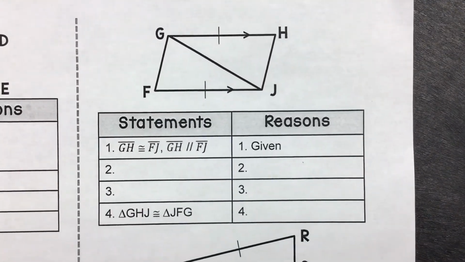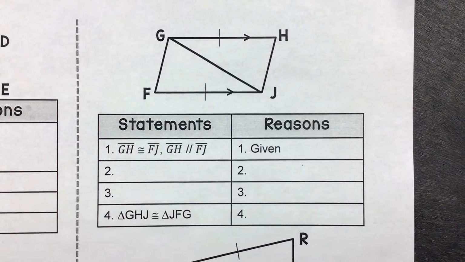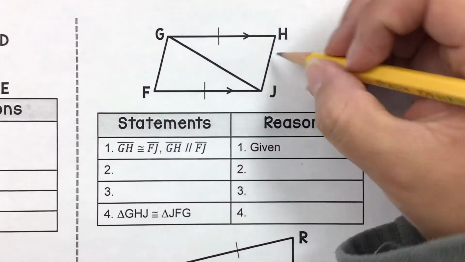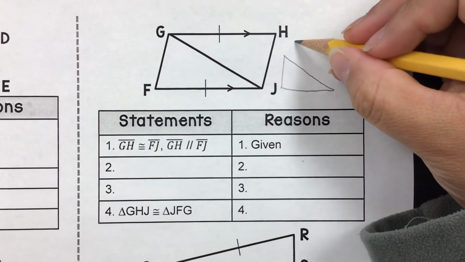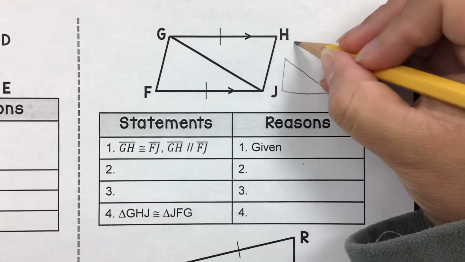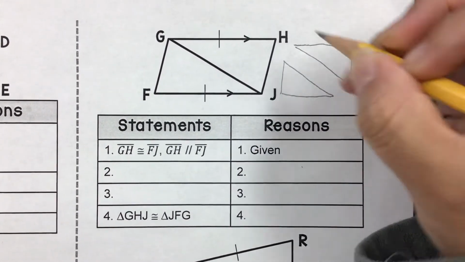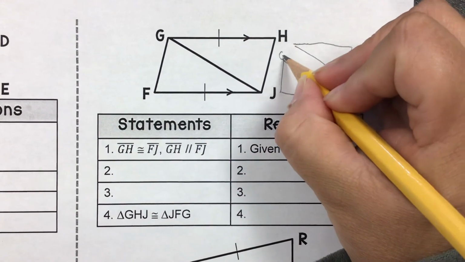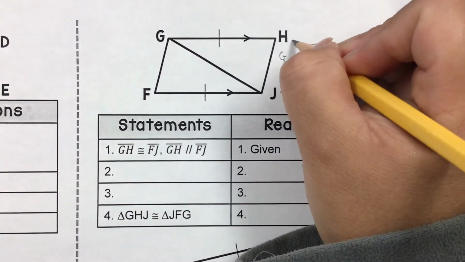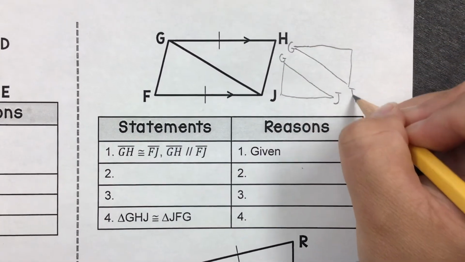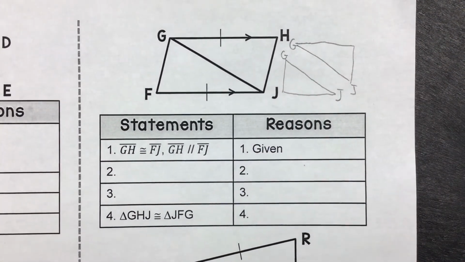On this next one, what you needed to remember is that we can separate the two triangles. I have this one on the bottom, and I'm going to separate it from the one on the top, and they share the segment GJ. So you're going to need to remember what the reflexive property is.